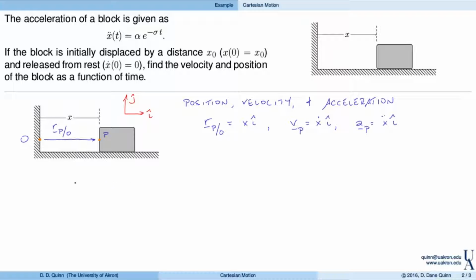So if x double dot is equal to alpha e to the minus sigma t, then I can write the velocity as the integral of that. So essentially, we will integrate the acceleration from 0 to t. Right, so I'll actually go ahead and write it in this way.